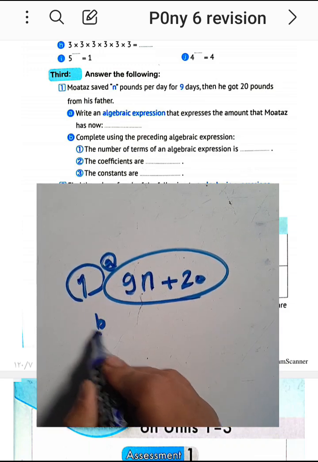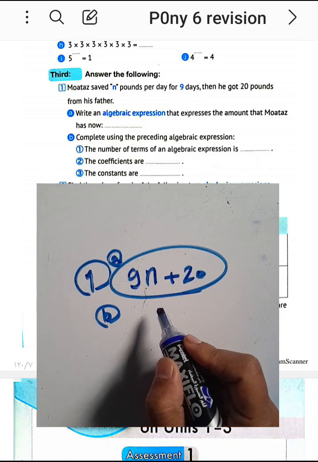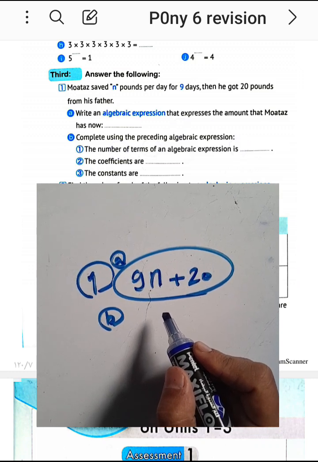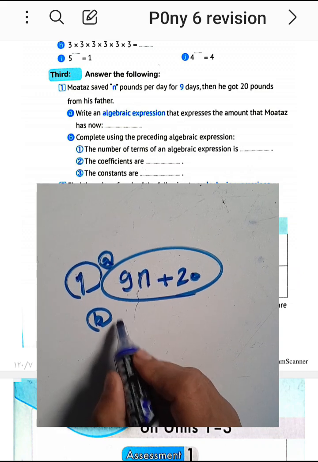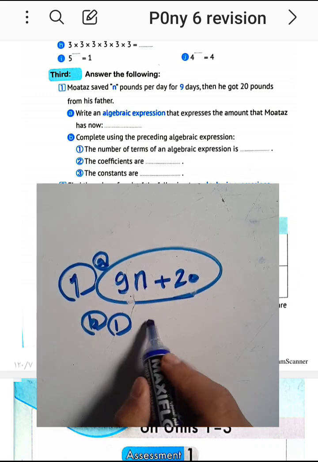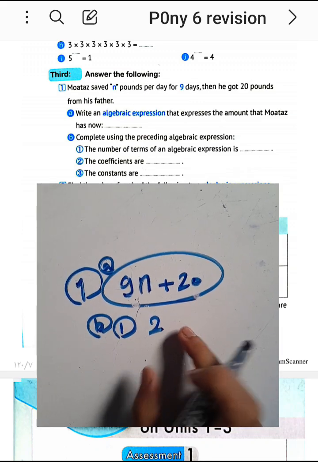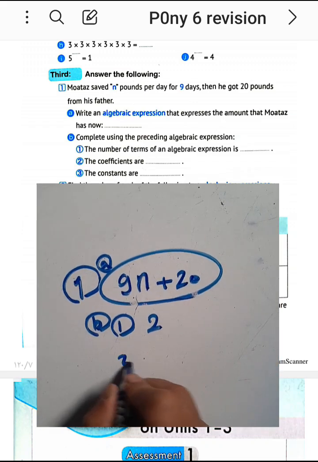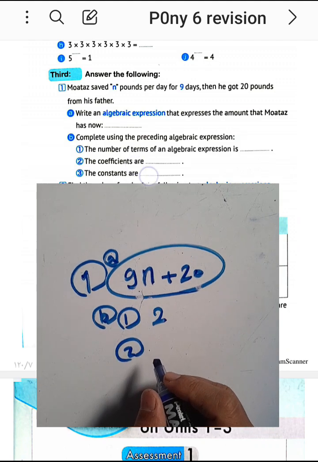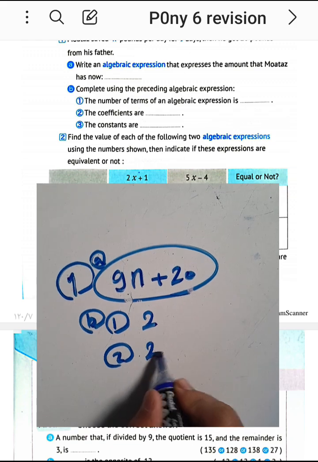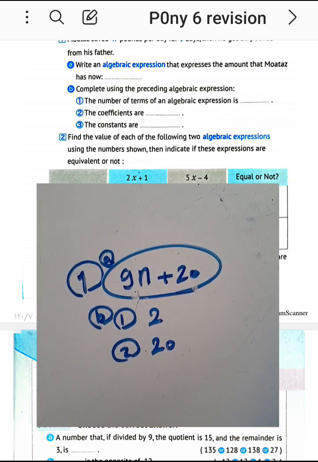Letter B, complete using the algebraic expression. The number of terms in the algebraic expression: we have 2 terms. Letter B, the constant: the constant here will be 20. It's the constant in this expression.